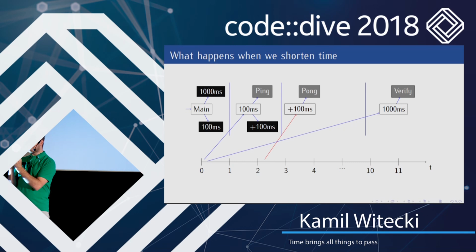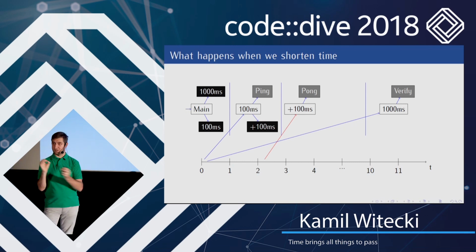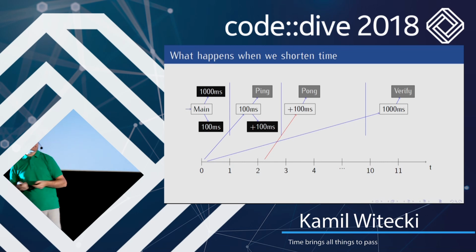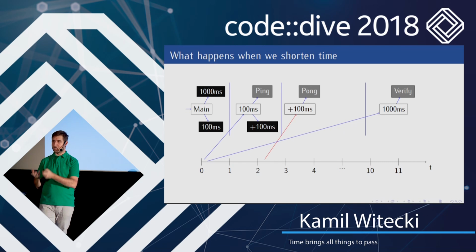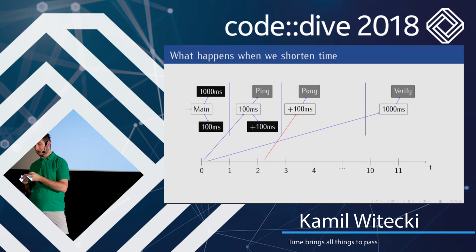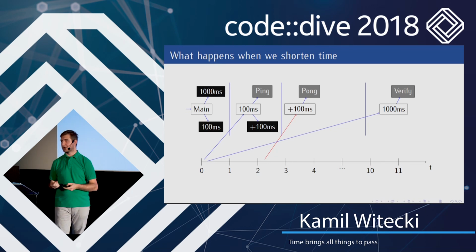So if I fine-tune these timeouts so that they are perfectly aligned in time, so that I minimize the time, then if anything happens that will cause my CPU to take even slightly more time to execute the job, then overall schedule will be compromised again.